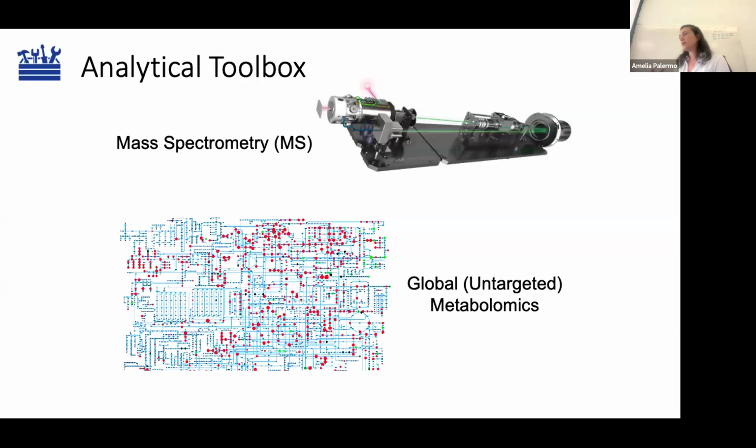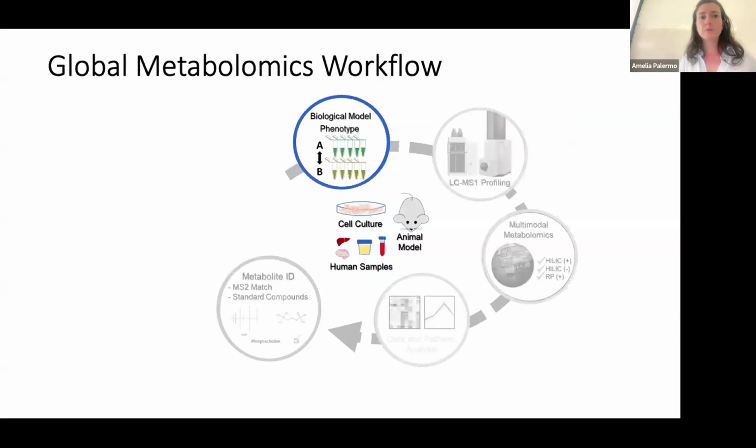And for those that have the time and resources, we can follow up on identification, looking into identifying their structure and better characterizing those pathways. So this is really more of an exploratory approach, both in terms of generating hypotheses, so the hypothesis generation, but also the pure discovery in terms of novel metabolic entities.